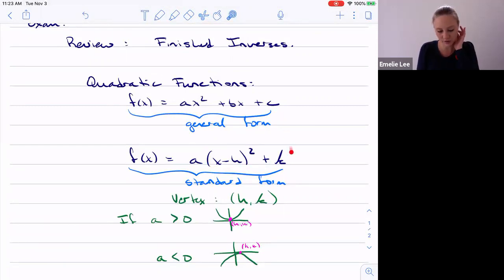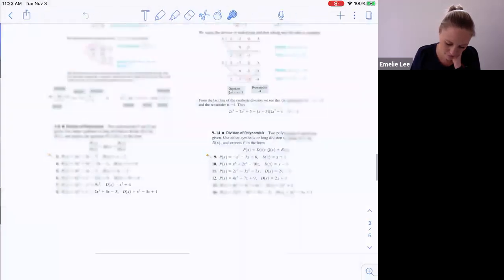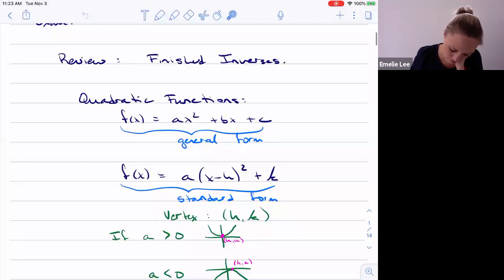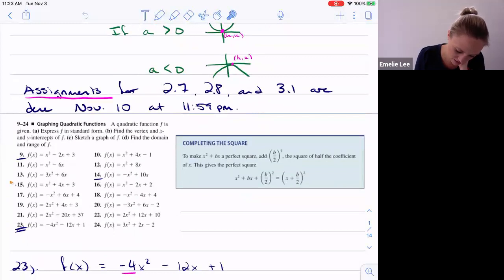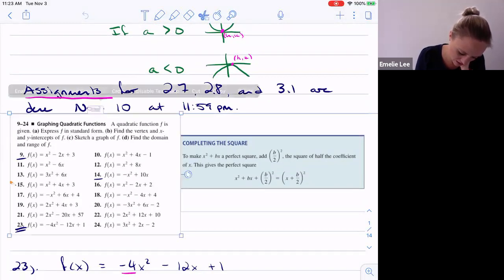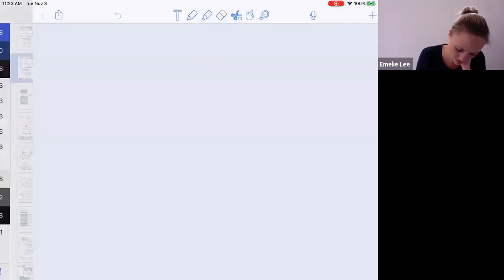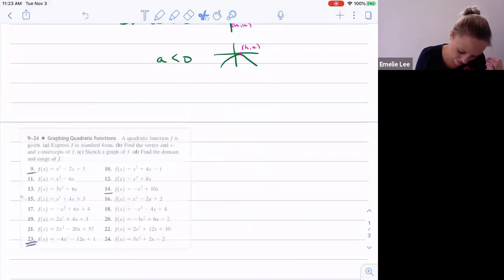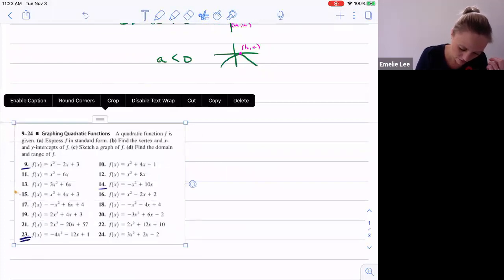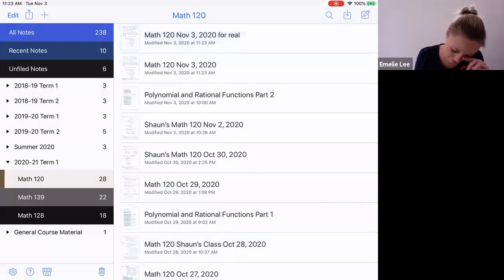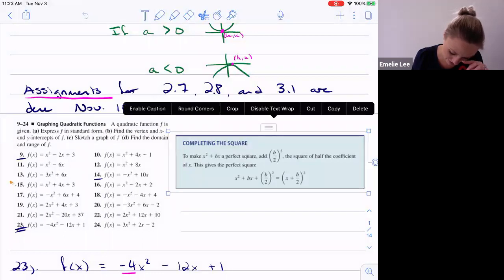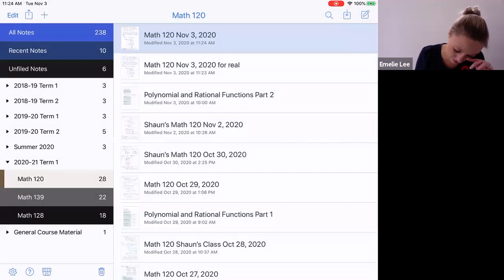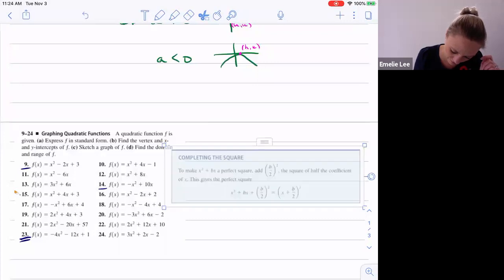So from general form, a quadratic into standard form, but we'll practice that again, completing the square. Here are the problems we were asked to do. And just as a reminder, I'm going to copy in completing the square so that we have it for reference.